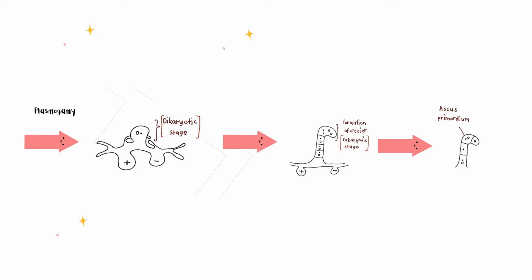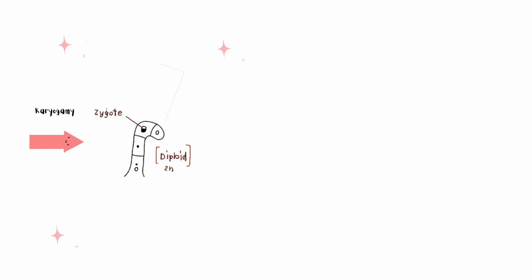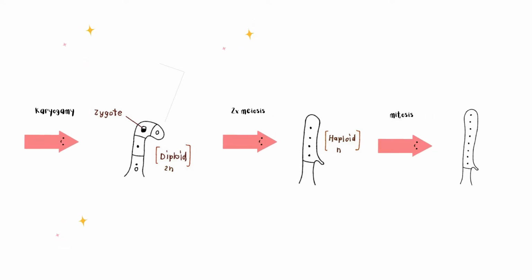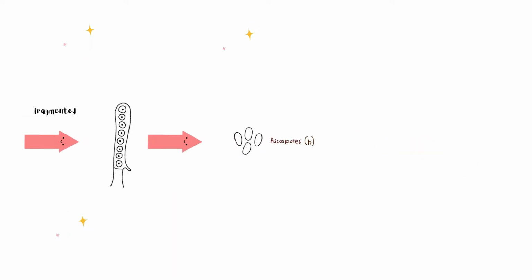Both of these cells will form a cross wall to separate themselves from the penultimate cells. The penultimate cells then undergo karyogamy, the fusion of nucleus, and form a zygote. This zygote then will undergo 2 times meiosis, which produce 4 daughter cells, and further nuclear division to produce 8 new daughter cells. These cells then fragmented to form ascospores.